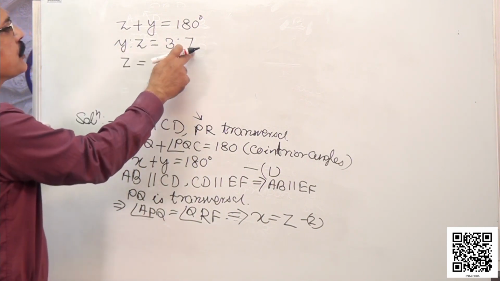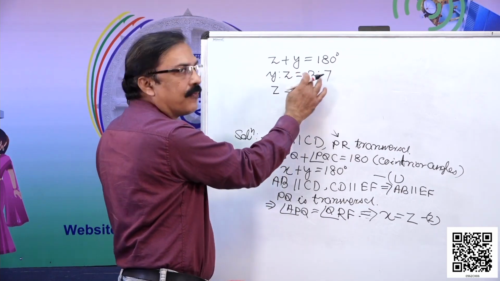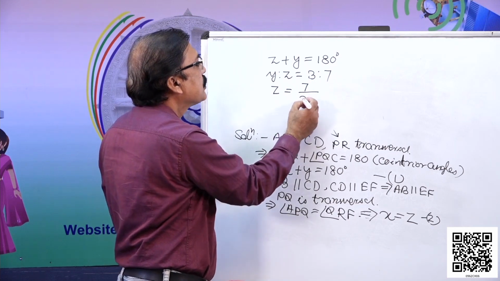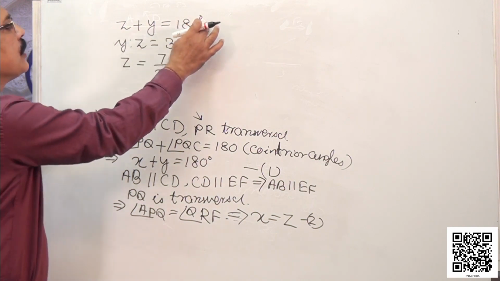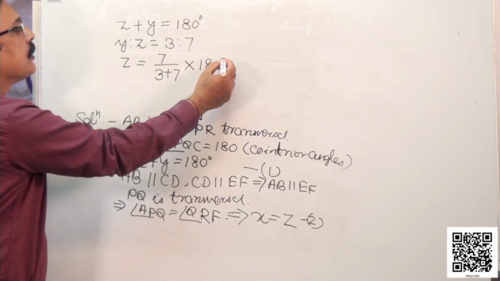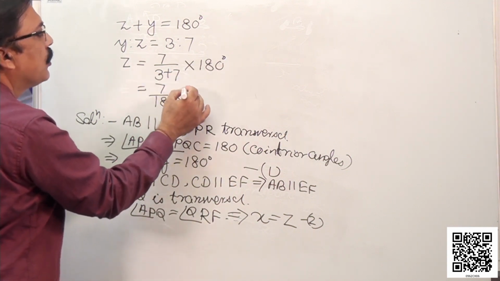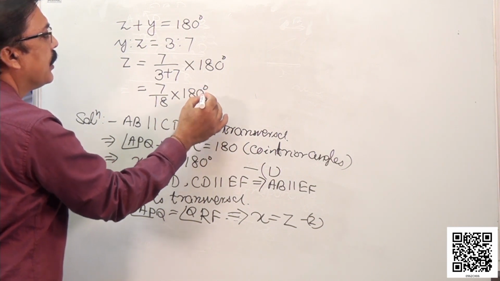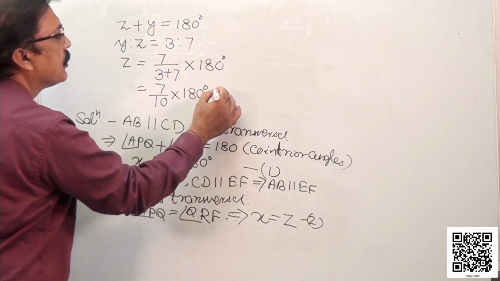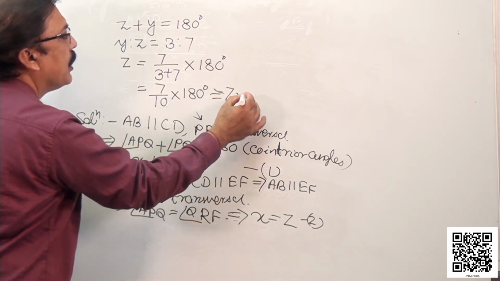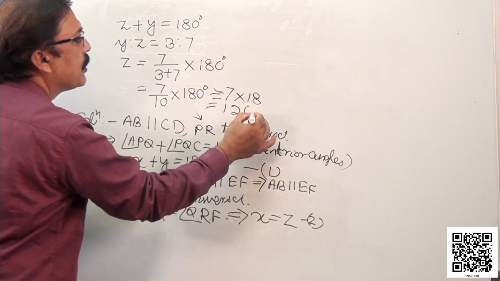Corresponding value of Z is 7 by sum of the ratios, that is 3 plus 7, into the sum of y plus z, that is 180 degree. That gives 7 by 10 into 180 degree, that gives 7 into 18, that gives 126.